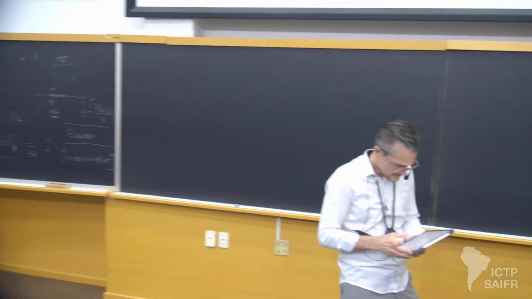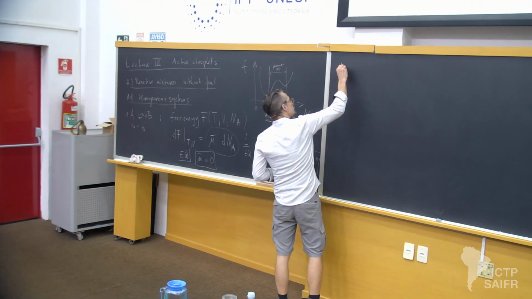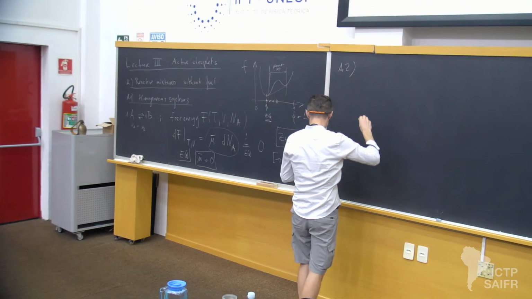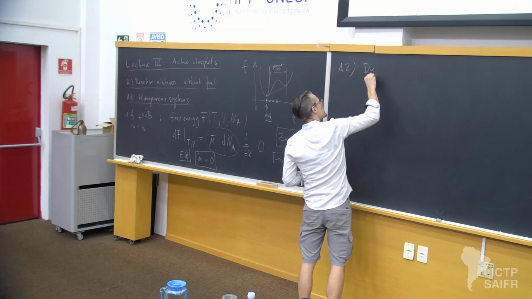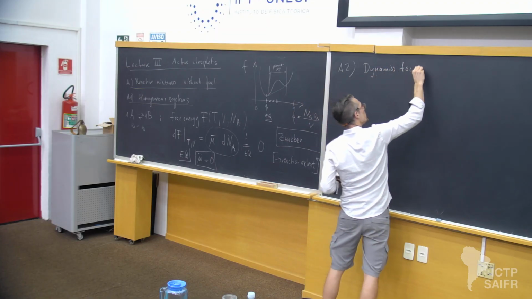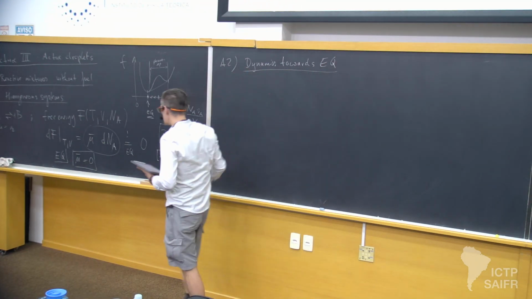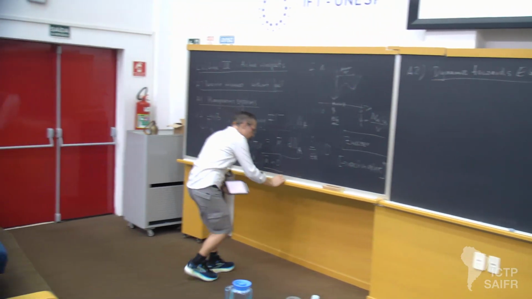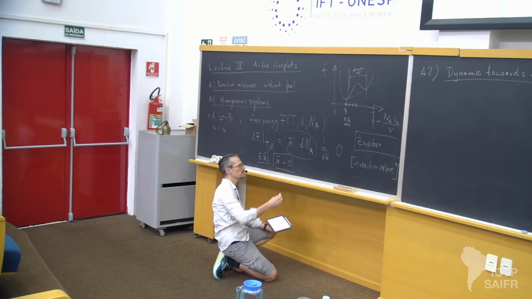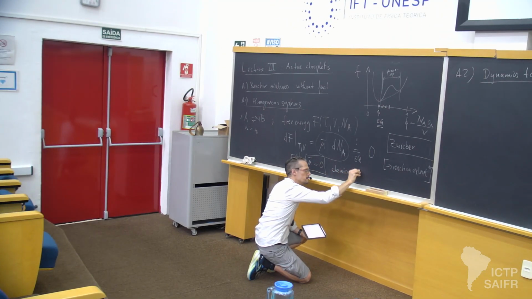Good. How to do kinetics with such a system? So dynamics towards equilibrium. Just to distinguish, we called it phase equilibrium, and this has also a different name: chemical equilibrium.